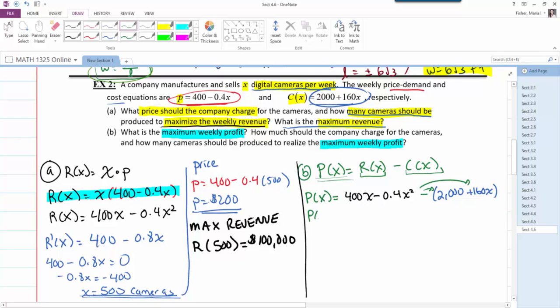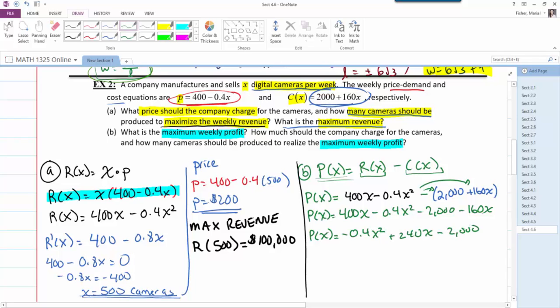So let's distribute the negative and then combine like terms. So we get 400x minus 0.4x squared minus 2,000 minus 160x. Combining like terms, we get that my profit function is negative 0.4x squared plus 240x minus 2,000.